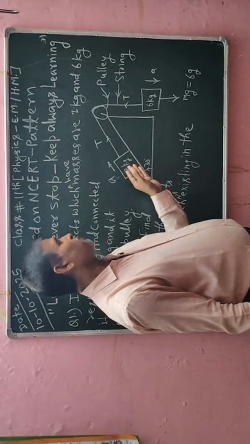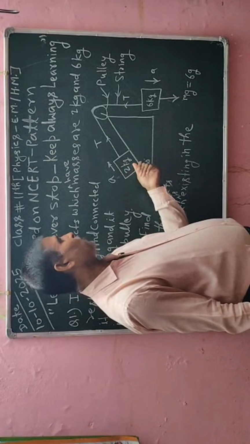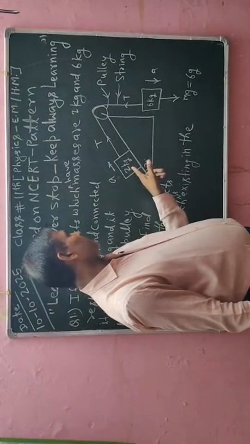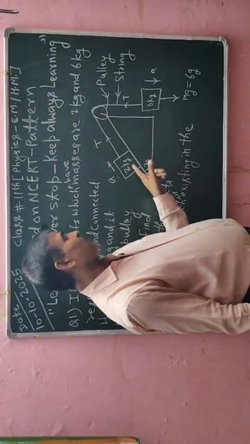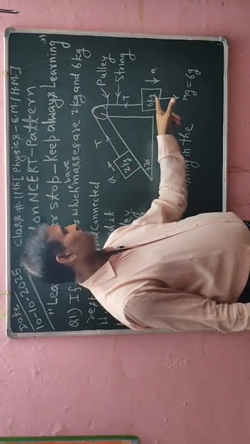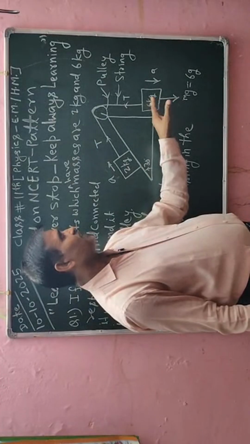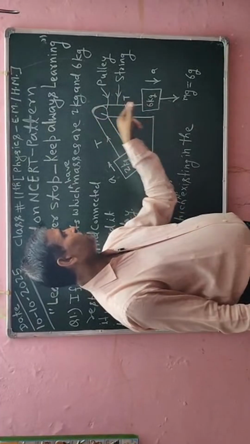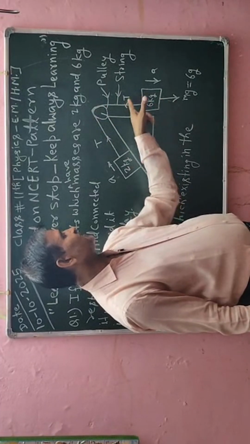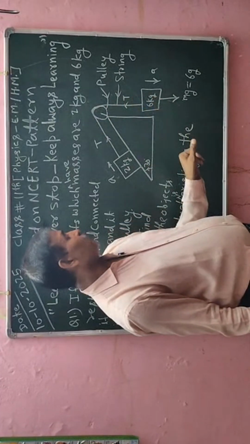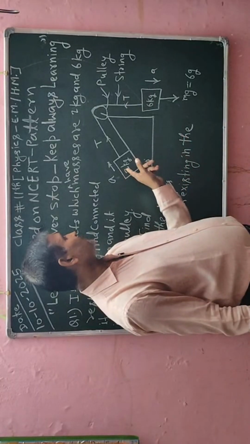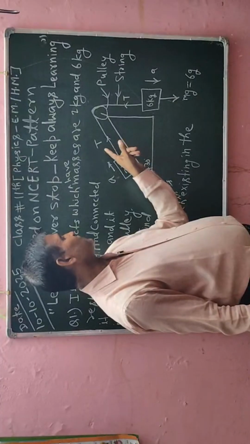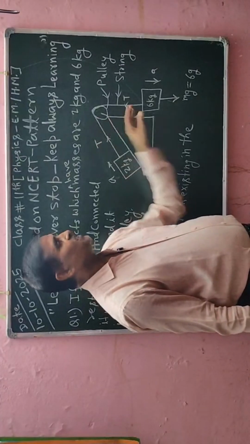One object with mass 2 kg is kept on the inclined plane, and the other object with mass 6 kg is hanging with the help of a pulley. The masses are connected with a string. Now we have to calculate the acceleration a of these two objects, and the tension force T which is existing in the string.